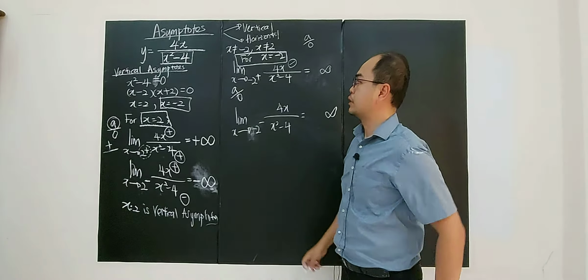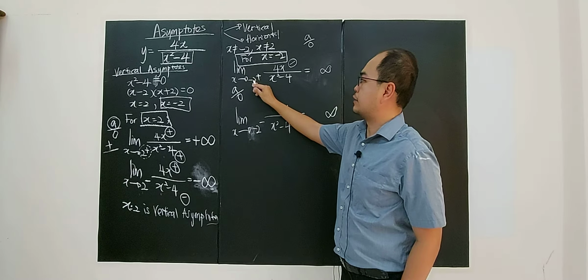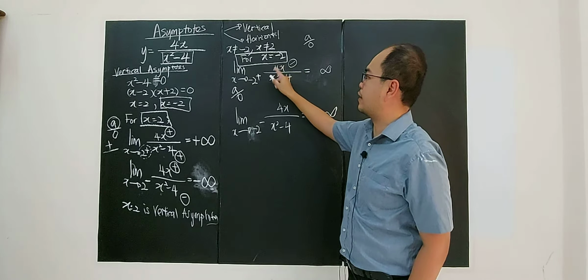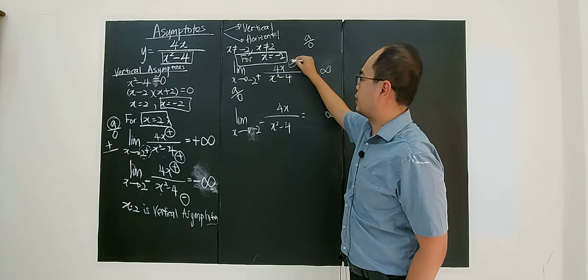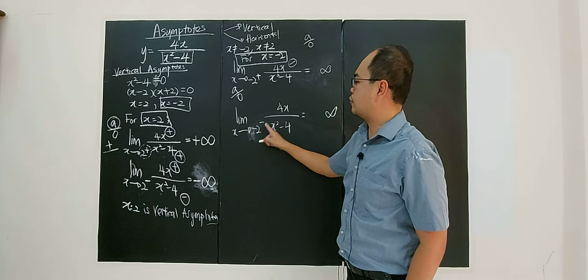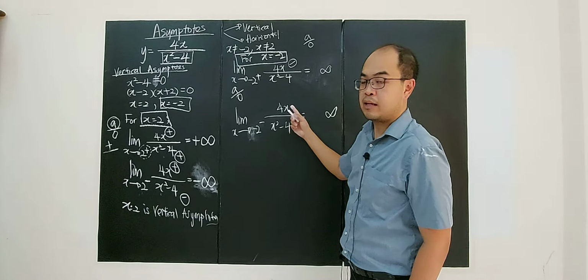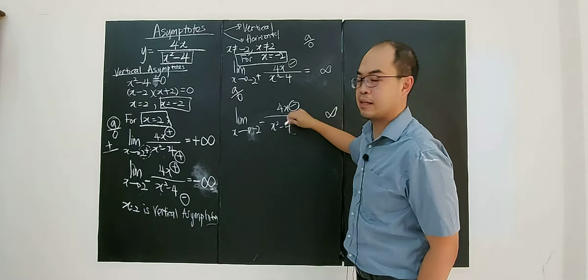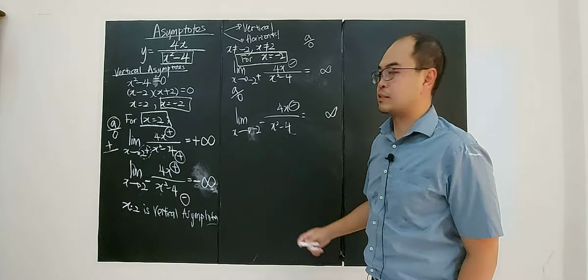Very simple. As just now, you directly substitute here and you get negative 8, a negative number. Both are negative, but the denominator is the kingmaker of the sign.